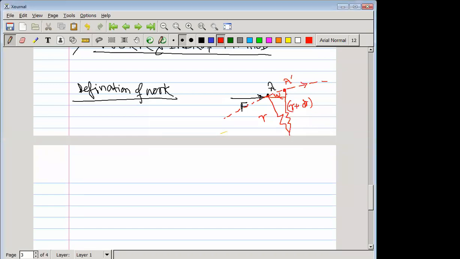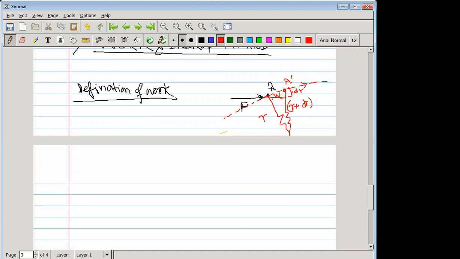And this distance is nothing but dr. So what happened when you apply a force on any particle and it moves along any path, there is some displacement, and that displacement is associated with this.